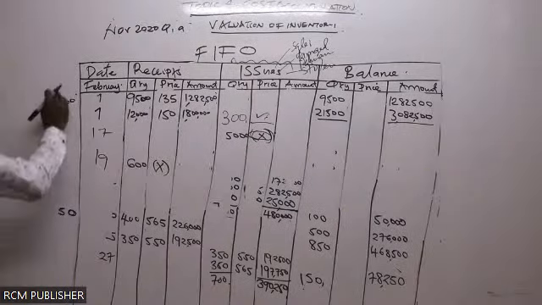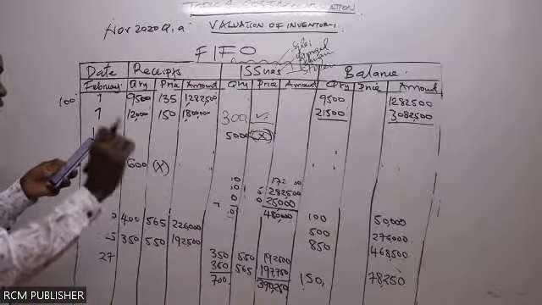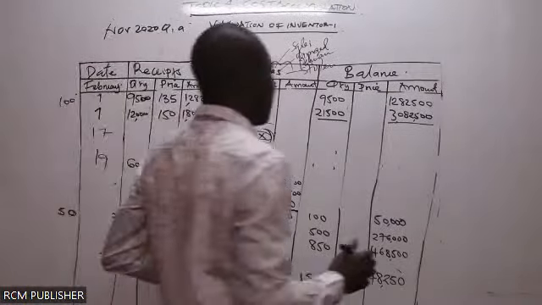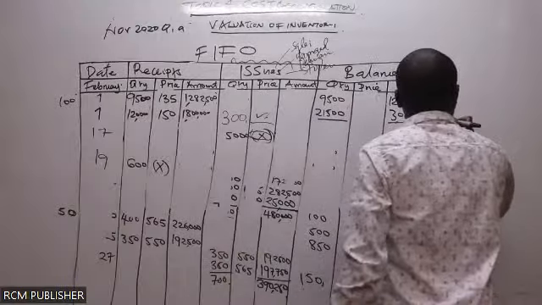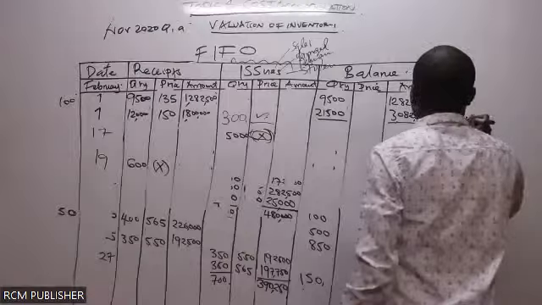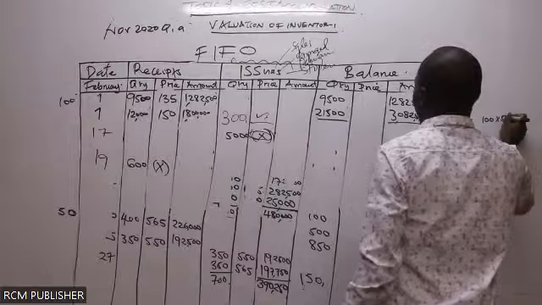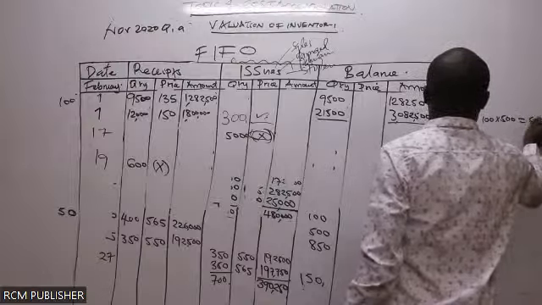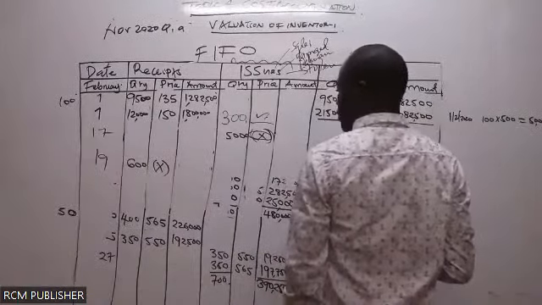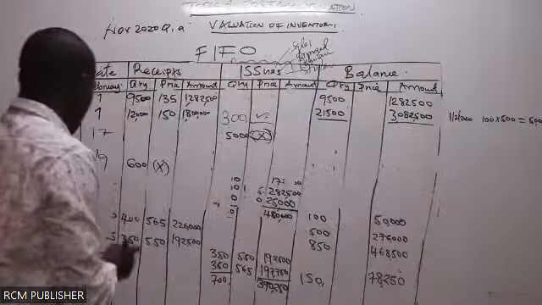I was telling you to have this because when they now ask you to answer Roman 2, the value of the closing inventory, you just come and indicate, on 1st of February 2020, we have 100 units remaining that were brought in at 500 to give us 50,000. Then on, is it 20th? I think this one is 20th.